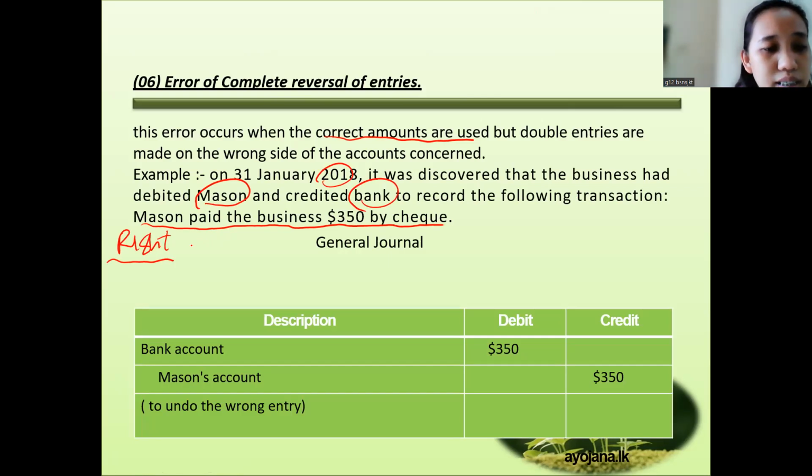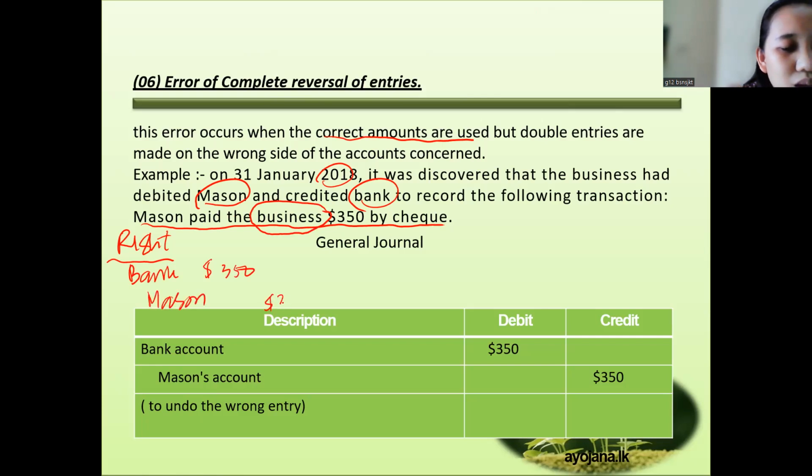Let me see who is Mason in here. It had been debit Mason and credit bank. So paid the business. So we are the business owner on the business side. So Mason is our customer, giving us the money. So the right entry is bank 3,050, and then that will deduct our trade receivable 3,050. This is the right entry.